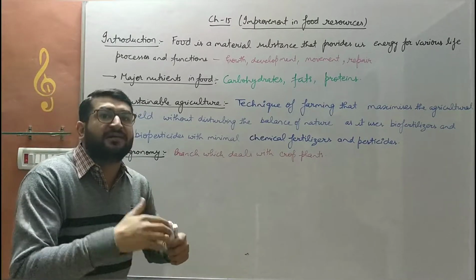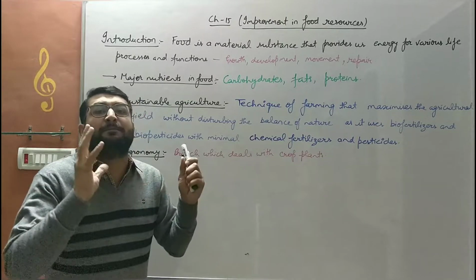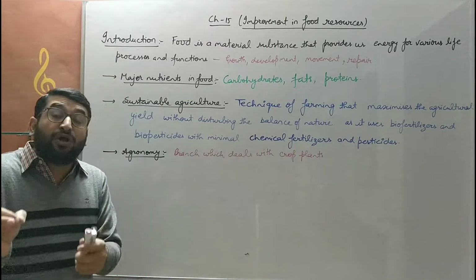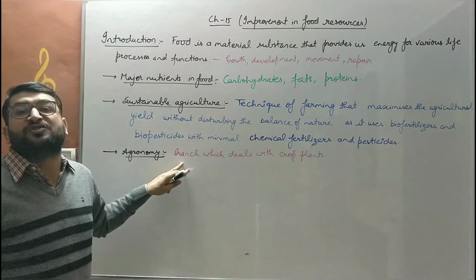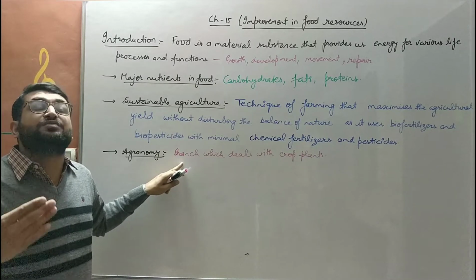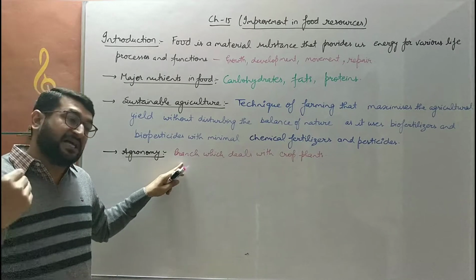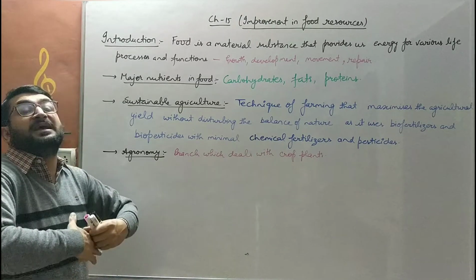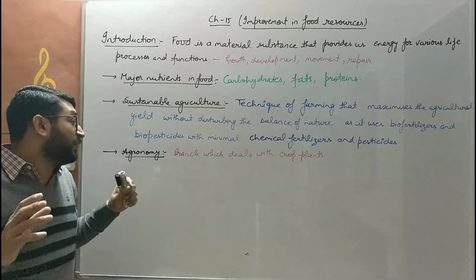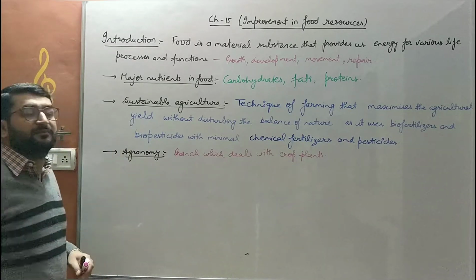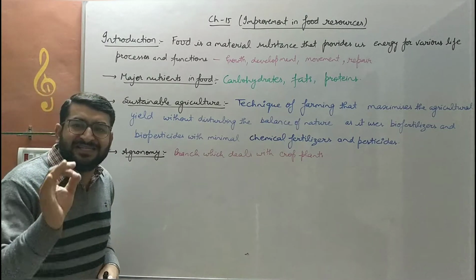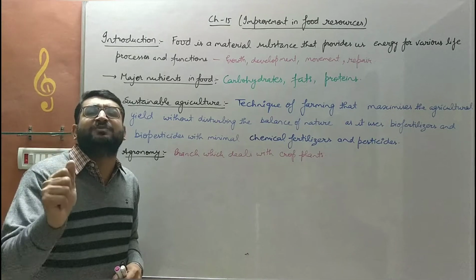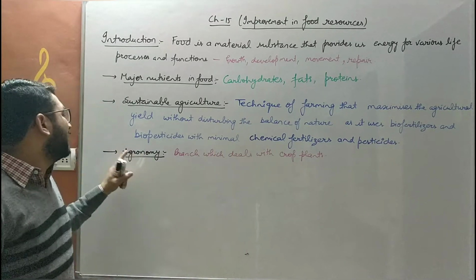Rearing them, managing them, all that is to be done in this branch of science. And science has three branches: biology, physics and chemistry. In biology there are various further branches, bache. So one branch is agronomy, the branch of biology that deals with the rearing and management of crop plants is known as agronomy.